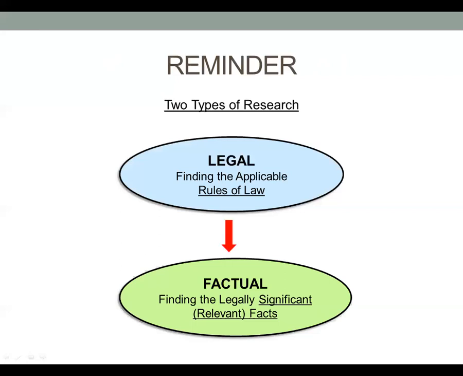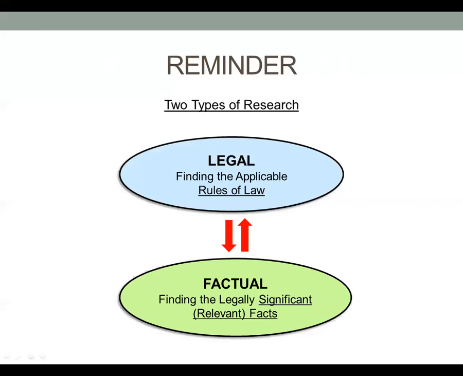So just know that there are two types of research: legal, where you find the applicable rules of law, and factual, where you are obtaining the facts that you're going to be applying to the rules of law. And factual investigation can be getting the facts from your client, getting them from documents, getting them from government records, interviewing witnesses for additional facts.